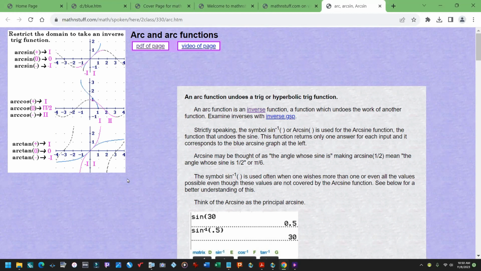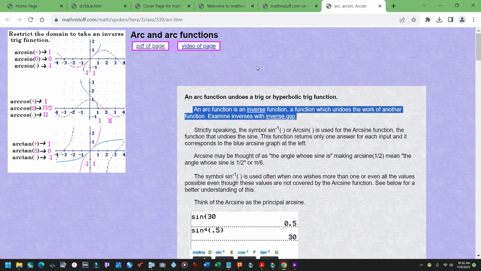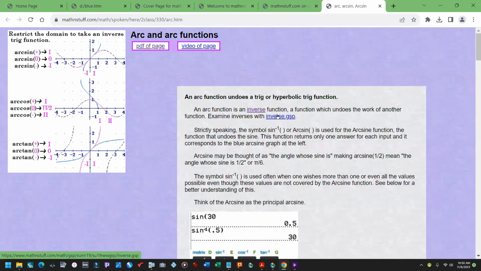Look at arc functions in detail. An arc function is an inverse function, a function that undoes the work of another function, and we looked at inverse geometry sketchpad.